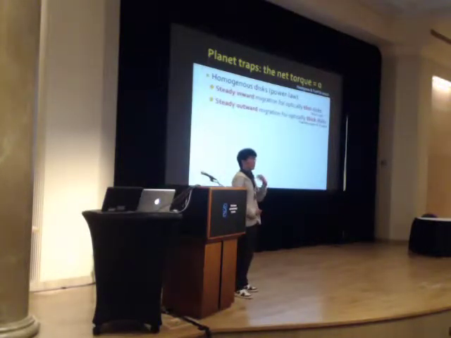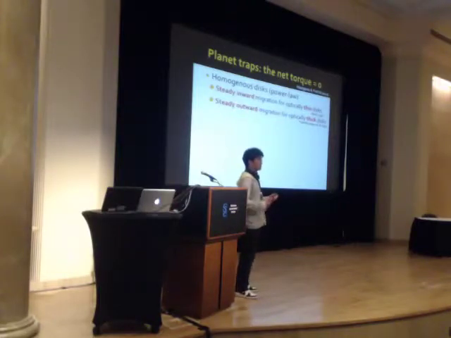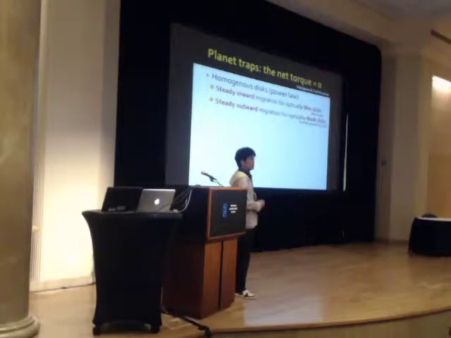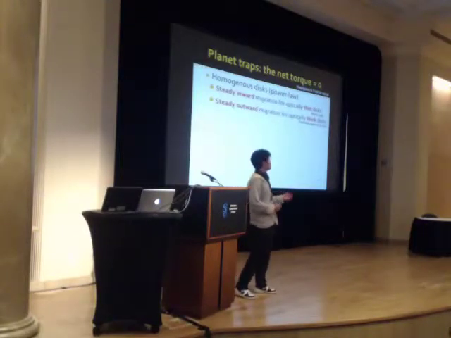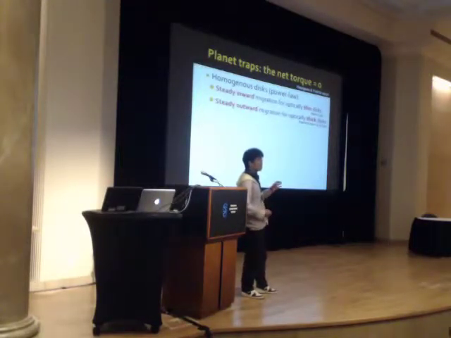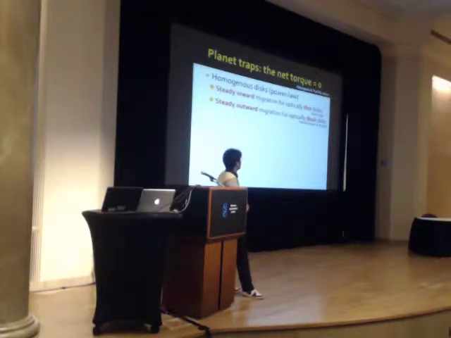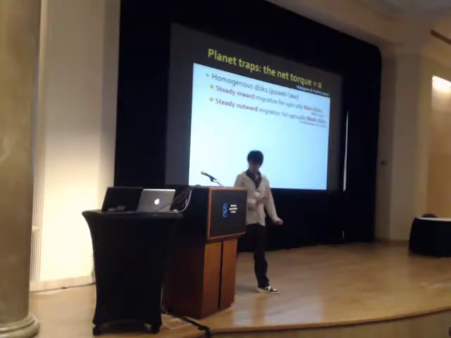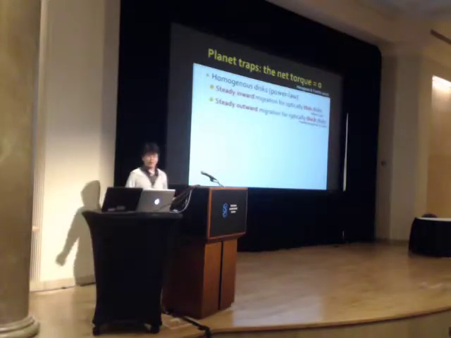Before going into the details, I'd like to summarize some of the literature. If you look at a homogeneous disk, where disks are represented by power laws, you get steady inward or outward migration depending on your optical depth.